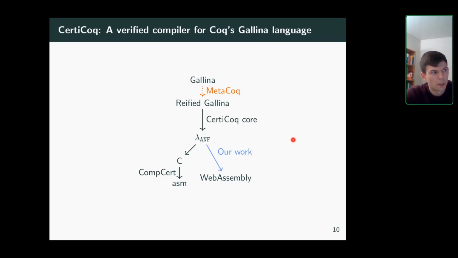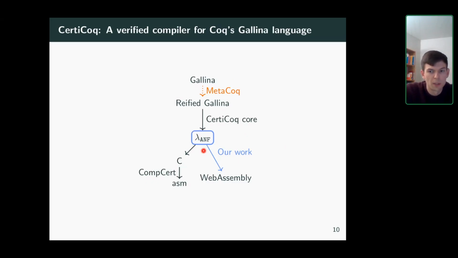For one or two of them, the verification is a work in progress, but once they're done, you get a compiler that has an end-to-end correctness statement. And instead of generating C code, we insert our backend right after this lambda intermediate language and generate WebAssembly code from this intermediate language.